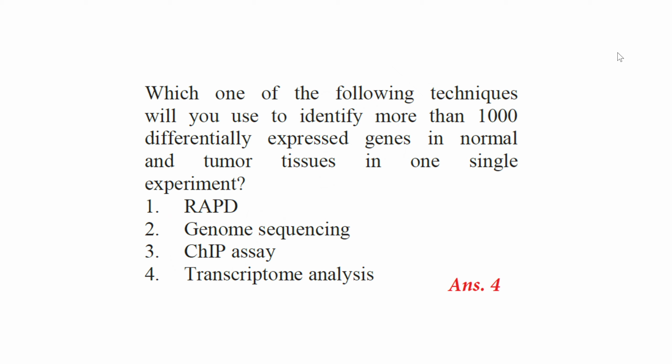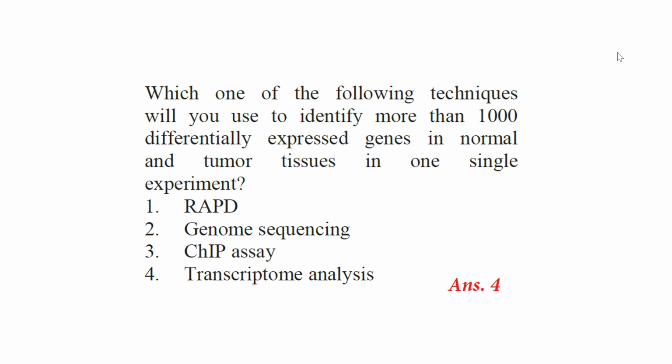First question. Which one of the following techniques will you use to identify more than 1000 differentially expressed genes in normal and tumor tissues in one single experiment? The options are RAPD, genome sequencing, ChIP assay and transcriptome analysis. The right answer will be transcriptome analysis.